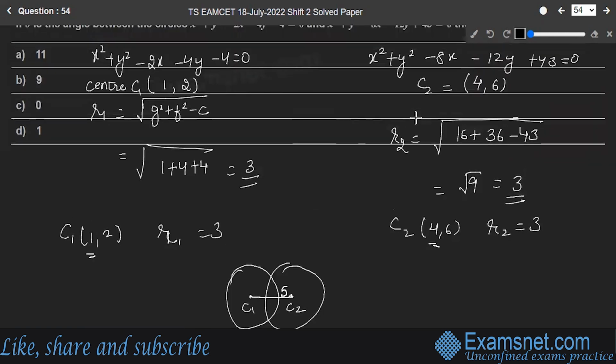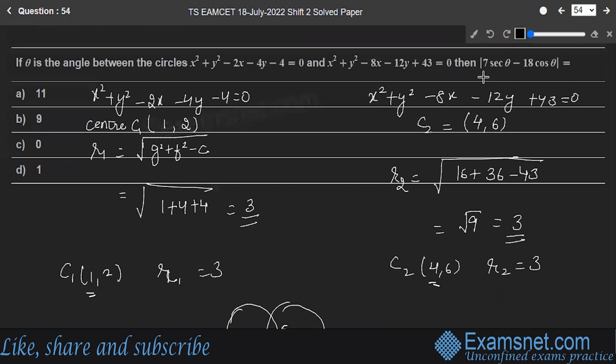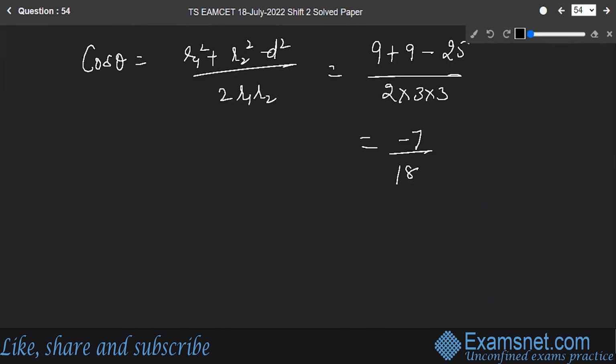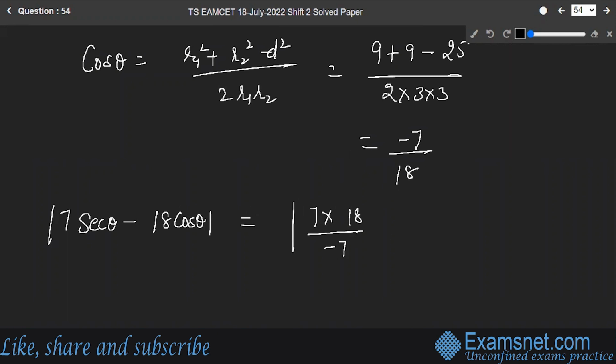And you have to find out 7 secant theta minus 18 cos theta. Secant theta is actually the inverse of it, so this will be 7 into 18 upon minus 7, minus 18 into minus 7 upon 18.